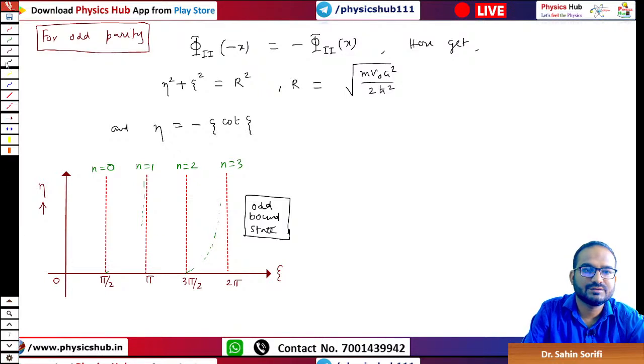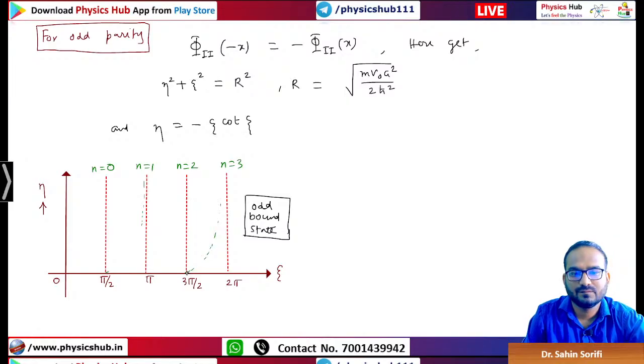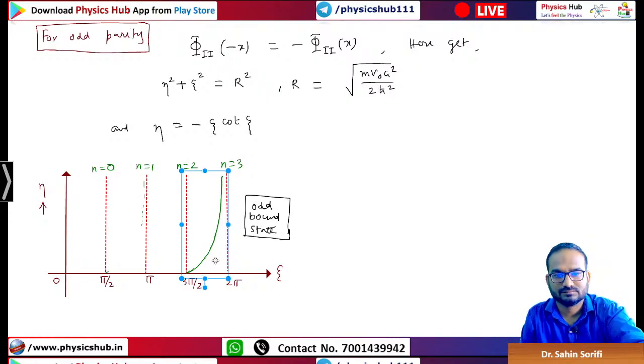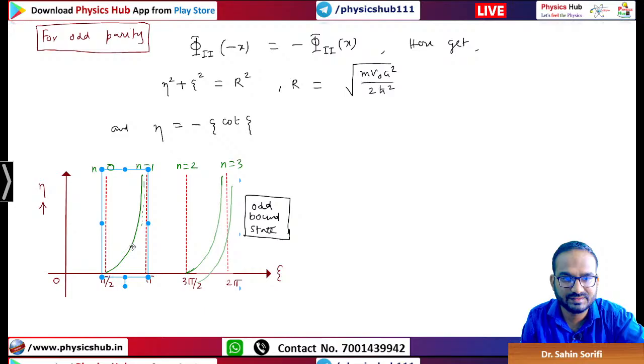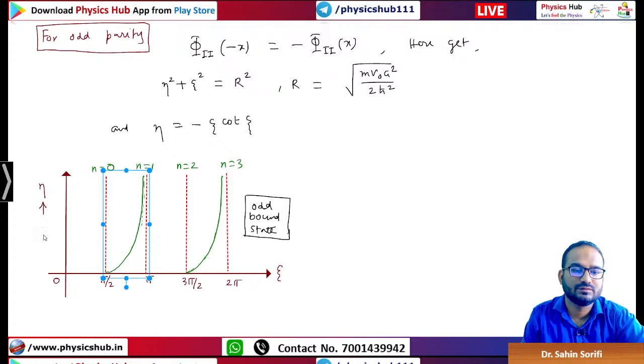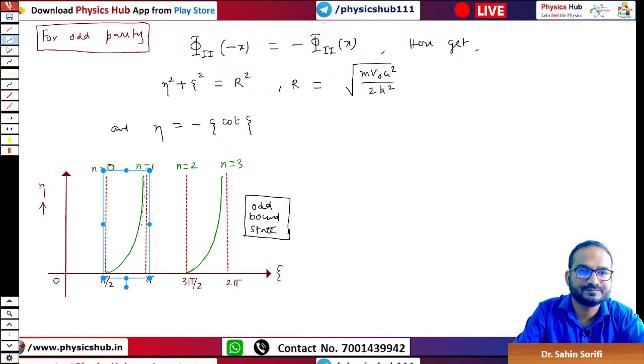So n is equal to 1 and 3 we are drawing with solid lines, and for 0 and 2 we will draw with dotted lines.